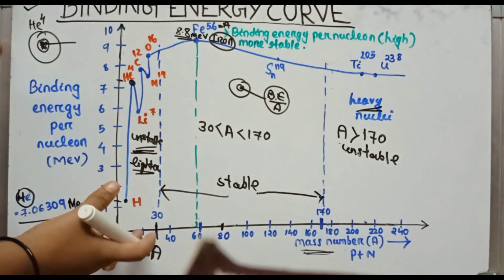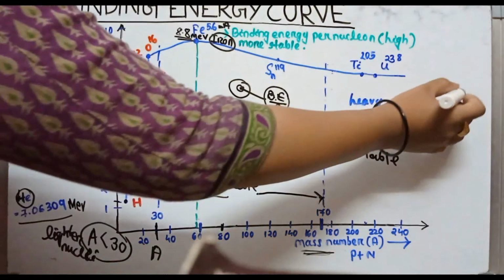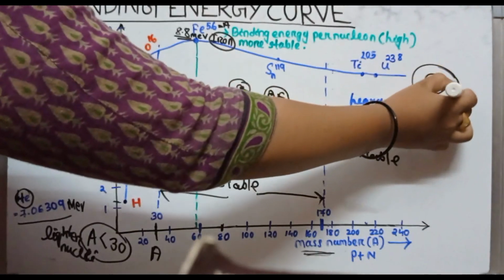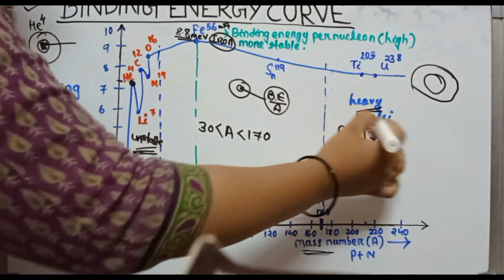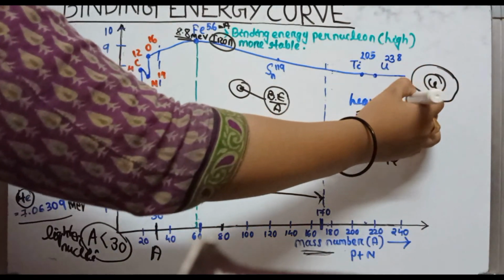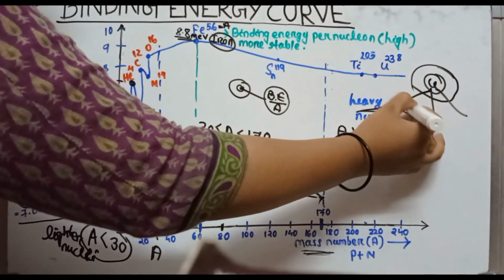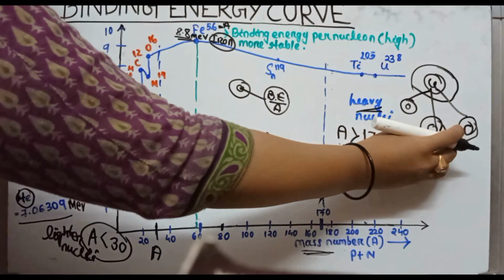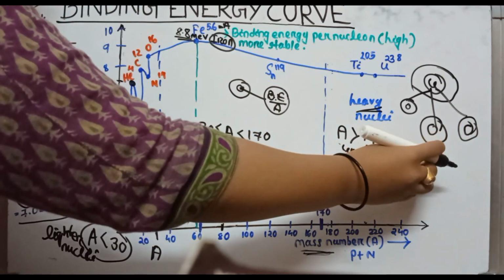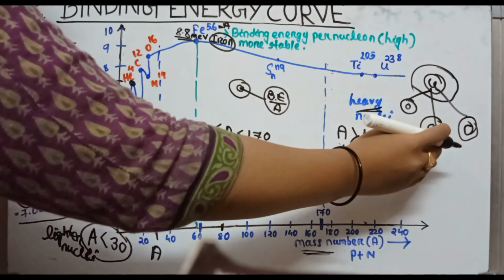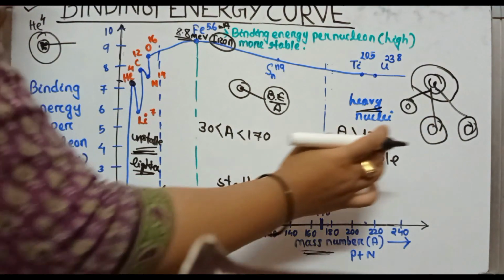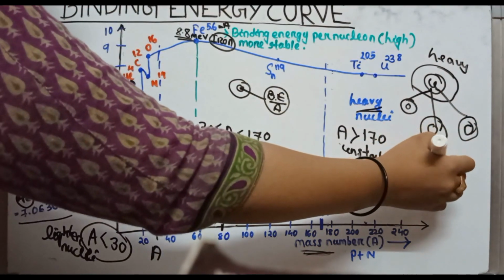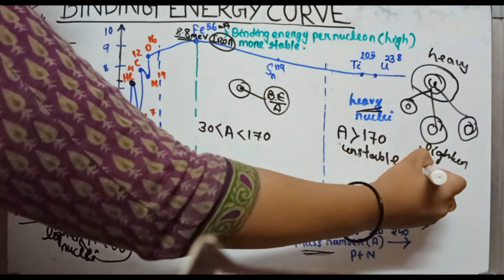How does it happen? If the heavier nuclei, take uranium as one heavier nucleus, split into smaller nuclei, then its mass number becomes less than 170 and the heavier nuclei is converted into lighter nuclei and it becomes stable.